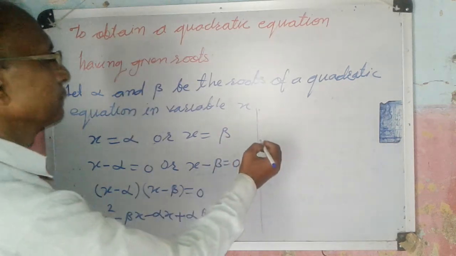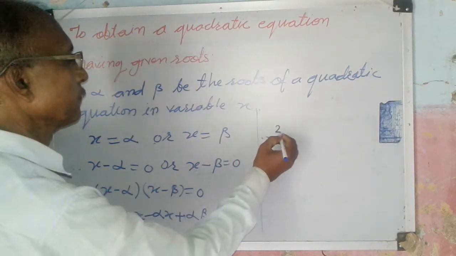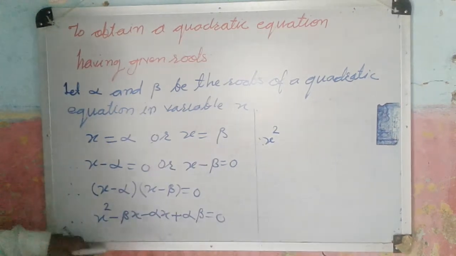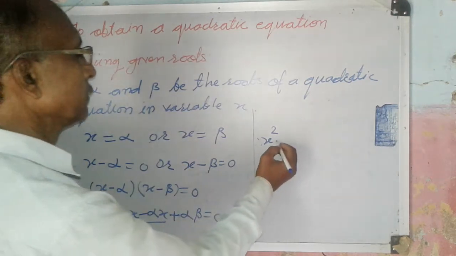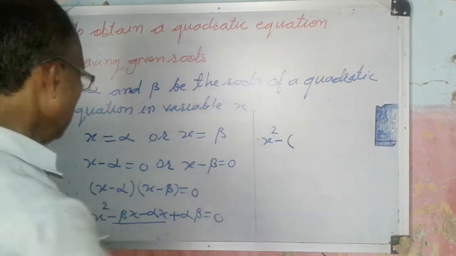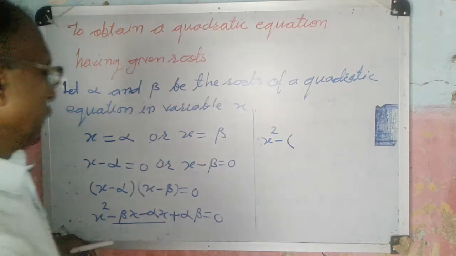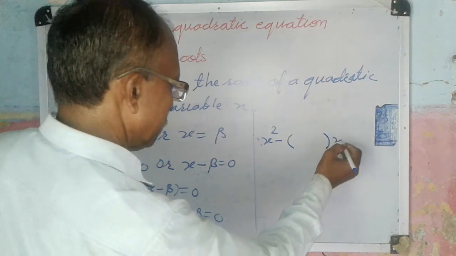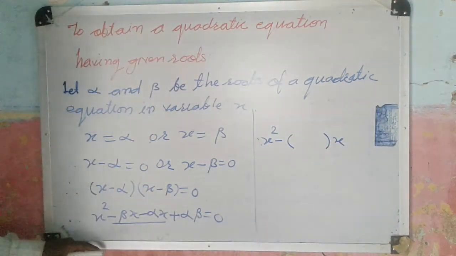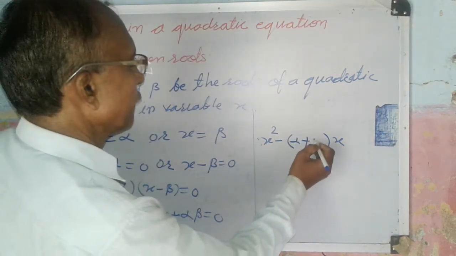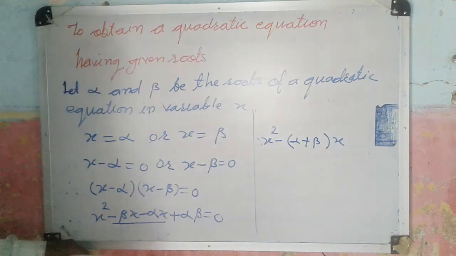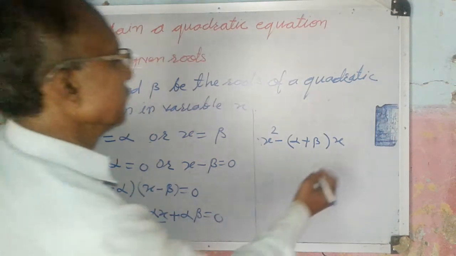And therefore, x square. Now take x common from these two terms. If x is taken common, then here we get alpha plus beta, plus alpha beta.